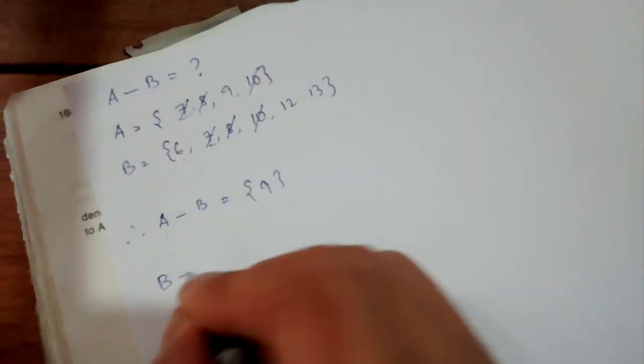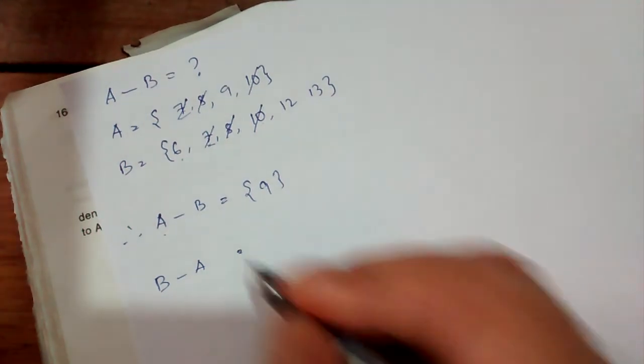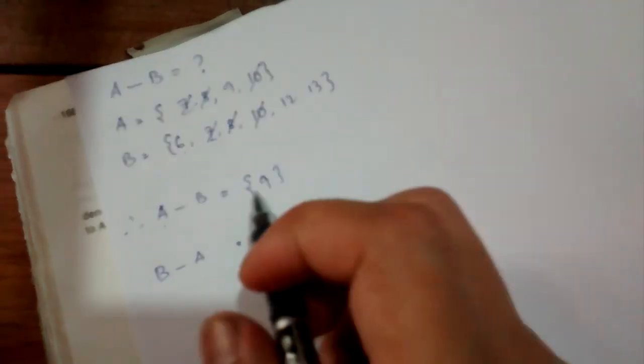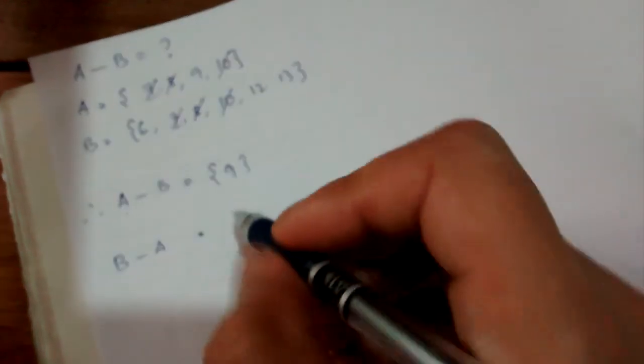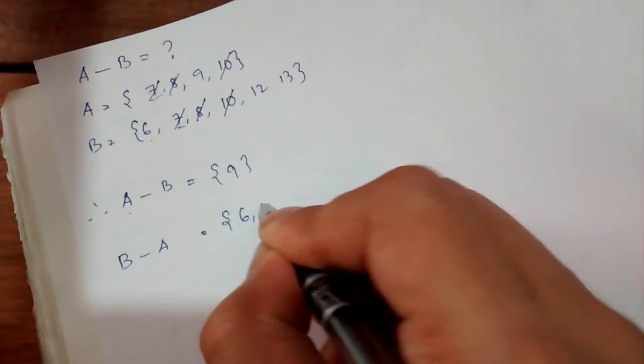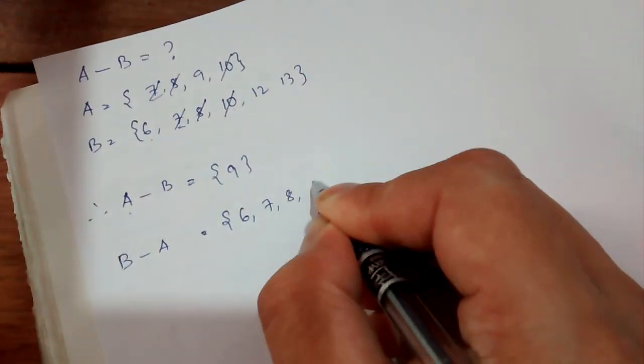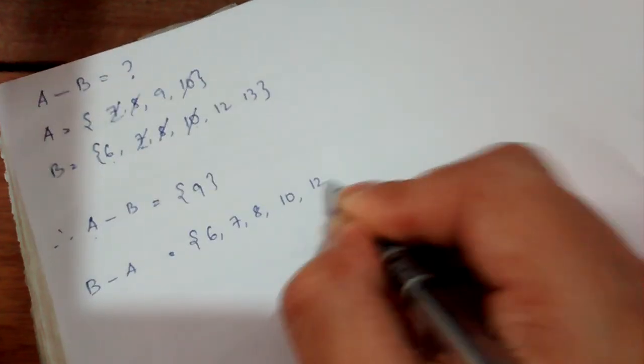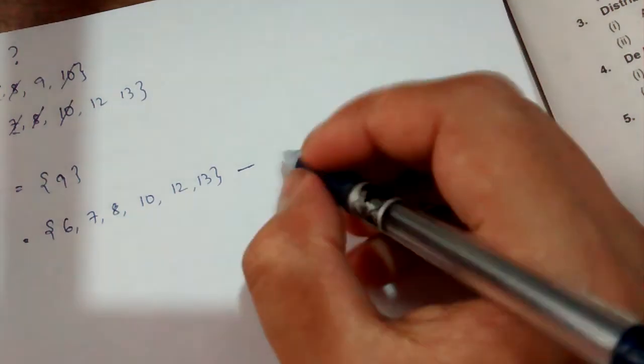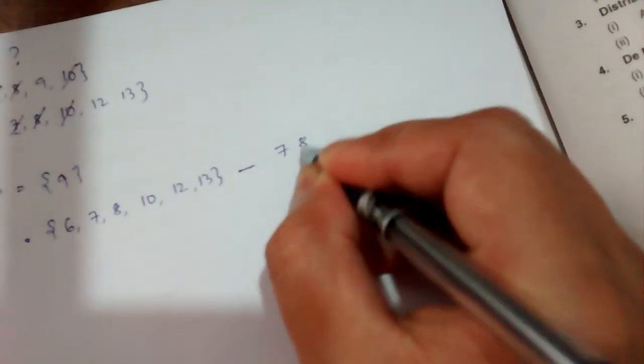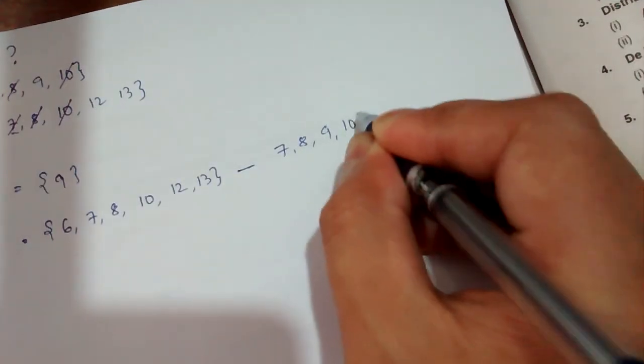How about B minus A? B is 6, 7, 8, 10, 12 and 13, minus A, 7, 8, 9 and 10.